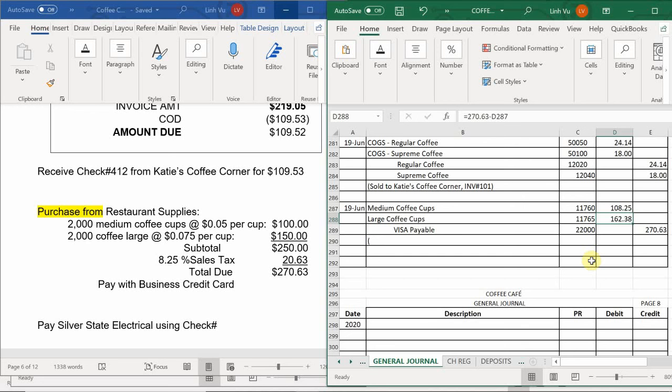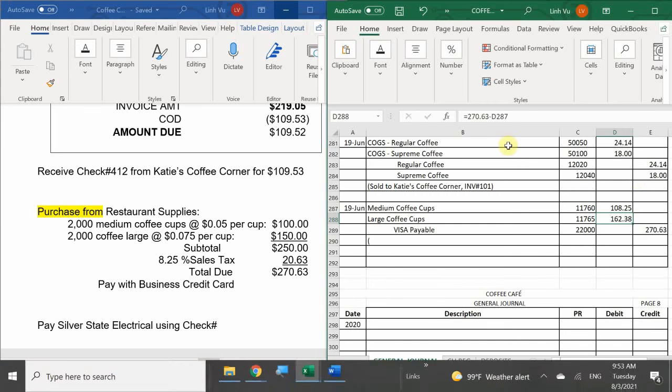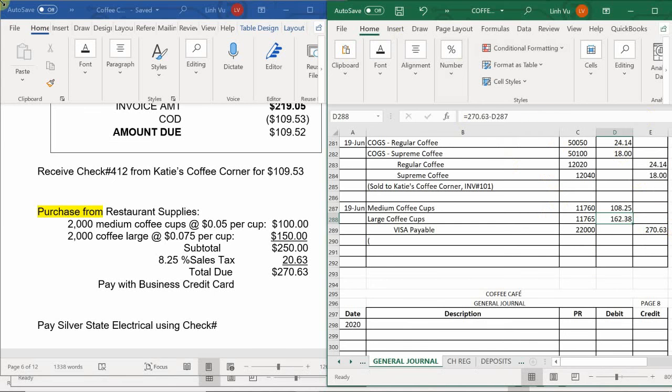I did simple math there. So you didn't put a formula for the 150? No, just because I know it gave me 162.25. Okay, so you subtracted, not added. 270.63 subtract the 108.25.